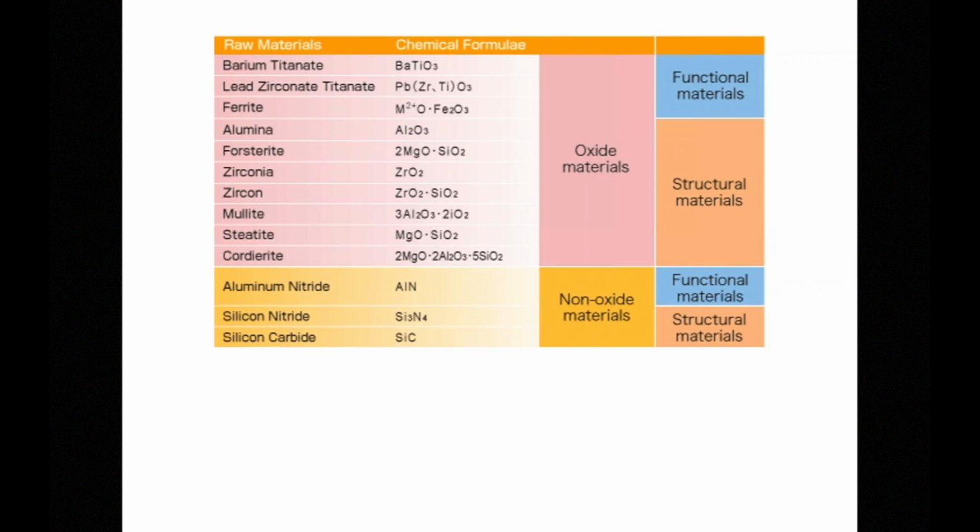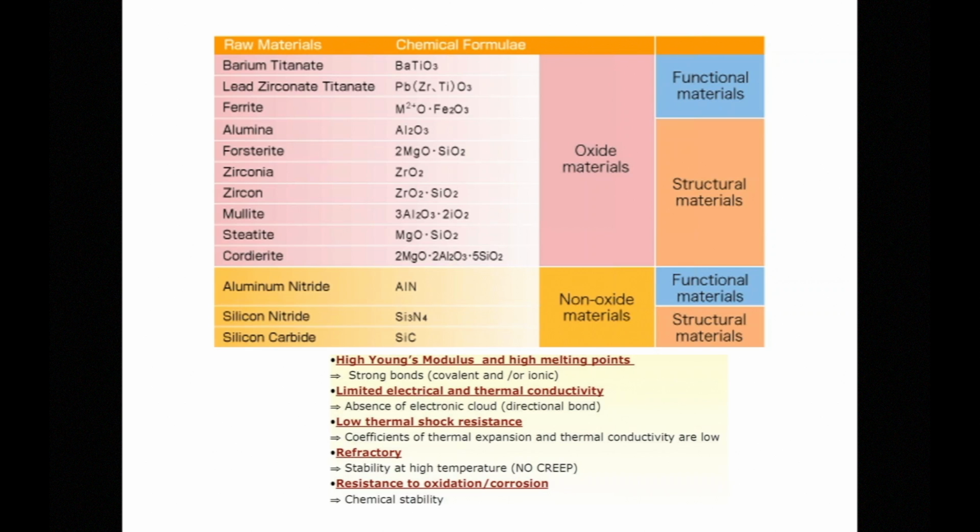On the other hand, the nitrides, such as silicon nitride, and silicon carbide are a class of their own, and these are non-oxide materials. What characterizes these materials is that they have a high bulk or elastic modulus, high melting point, limited electrical and thermal conductivity, low thermal shock resistance, stability at high temperatures, and of course, chemical stability.